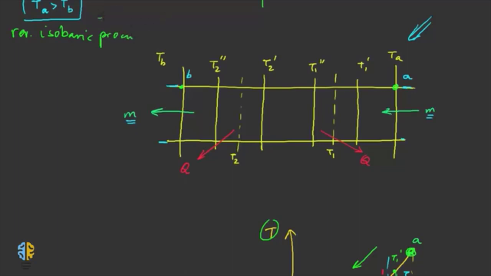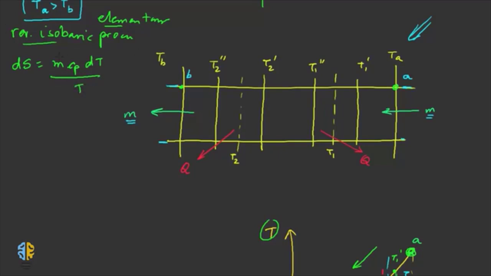This would be an elementary, hypothetical small process. For this, if I have to find the value of entropy change, it would be equal to m into Cp into dT upon T, isn't it?